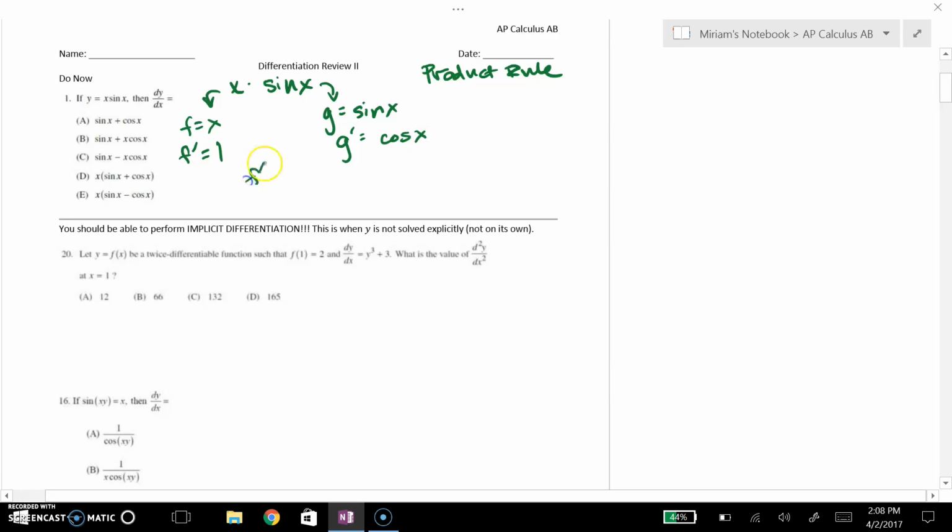Putting it together, I get f prime g plus f g prime, which is 1 times sine x plus x times cosine x. And if I want to make that simpler looking, it'll be sine x plus x cosine of x.